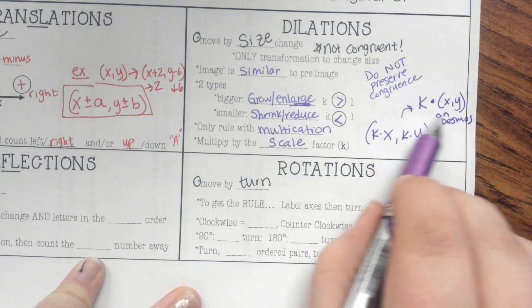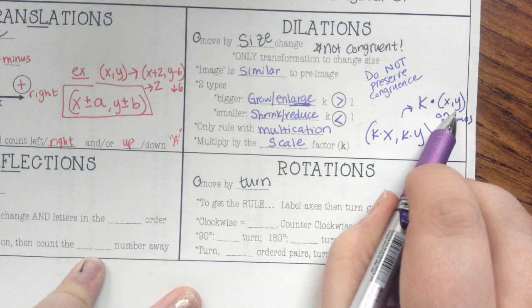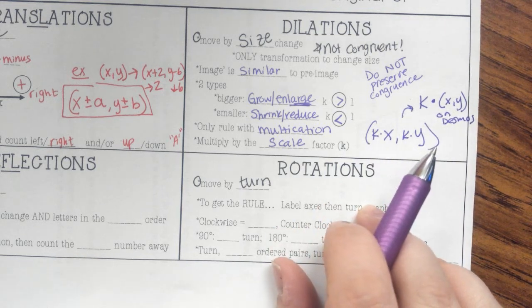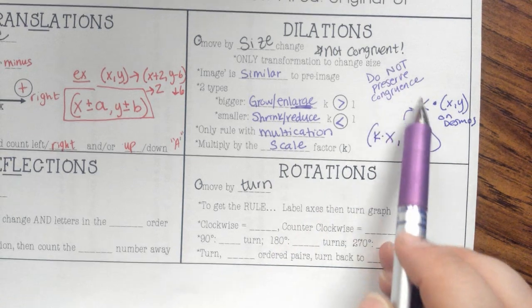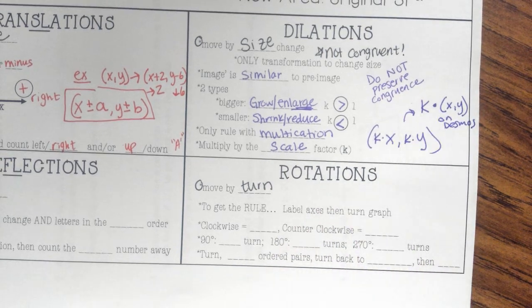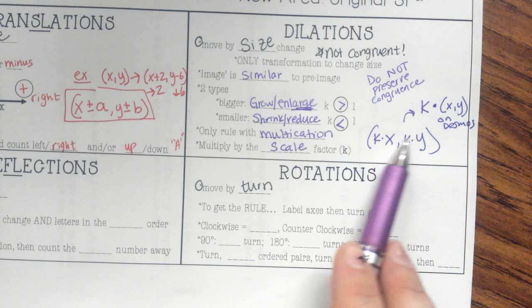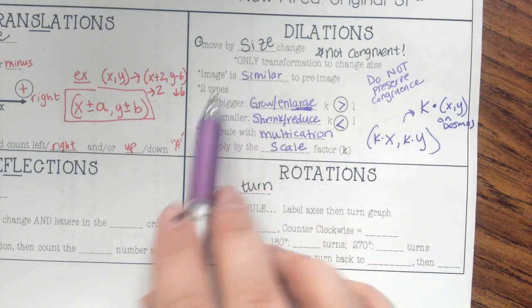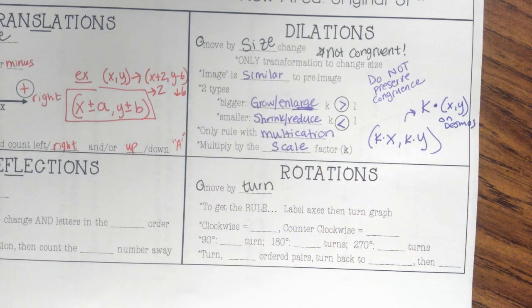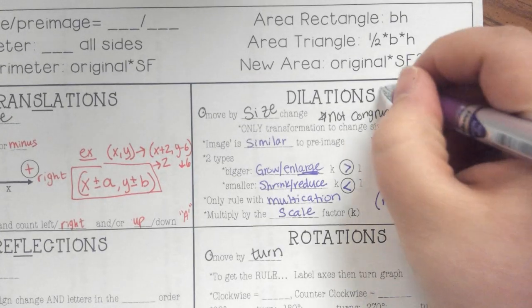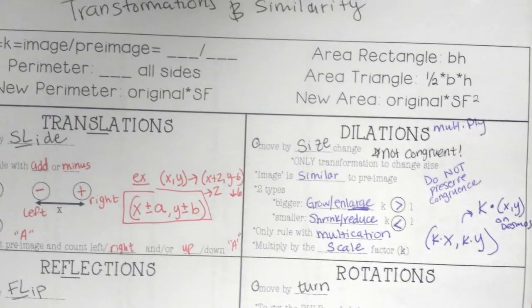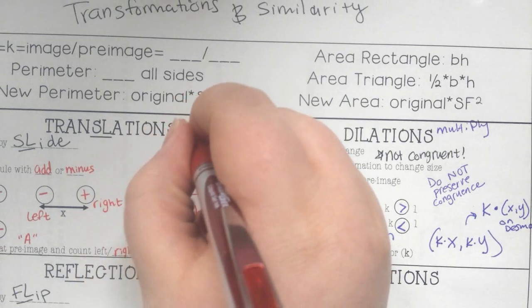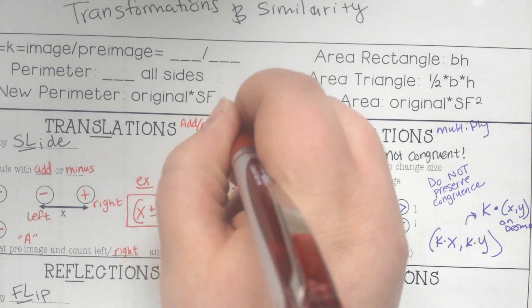The online calculator will do it for you if you type it in like this. Okay, the way you get the new one is just by multiplying all your ordered pairs and then plotting them. So the rule is your kx, ky stuff, and the how to move is just by multiplying. Dilate means to multiply. Translation means slide or to add and minus.